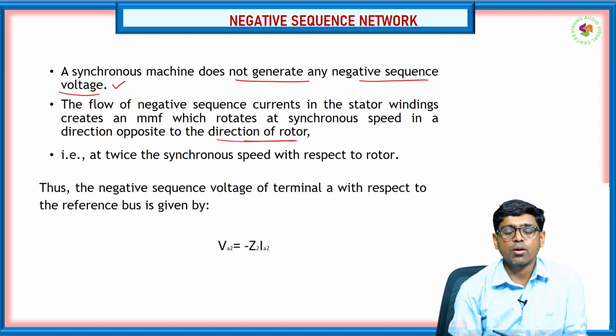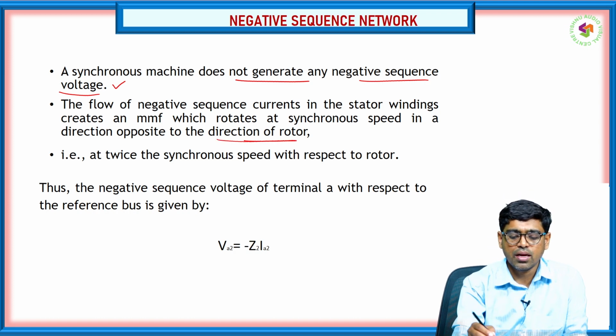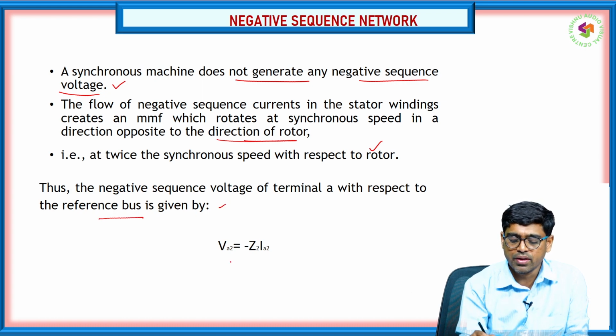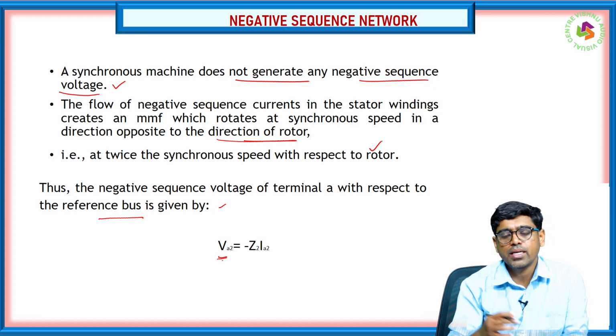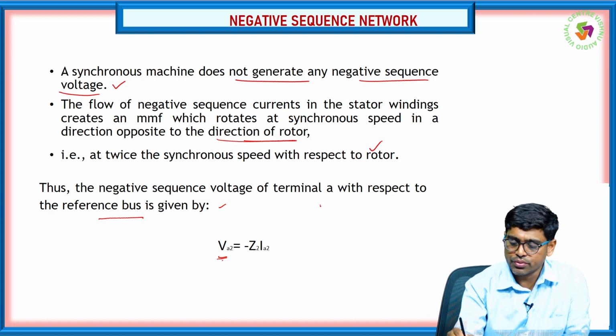So it rotates opposite to the rotor direction, at twice the synchronous speed with respect to the rotor, 2 times Ns. The negative sequence voltage of the terminal with respect to the reference is given by VA2 equal to minus Z2 into IA2. Only the negative sequence impedance will be there, that we can see at the terminal: minus Z2 into IA2.